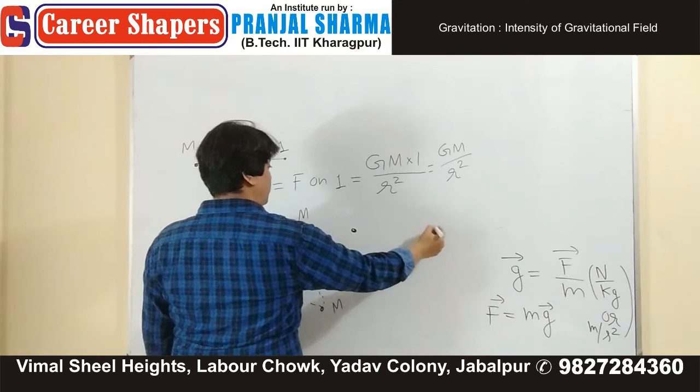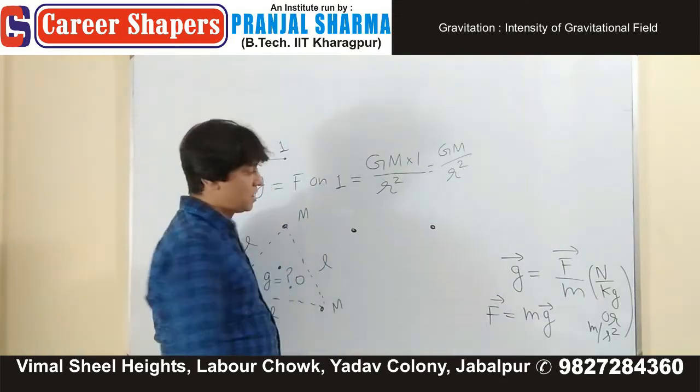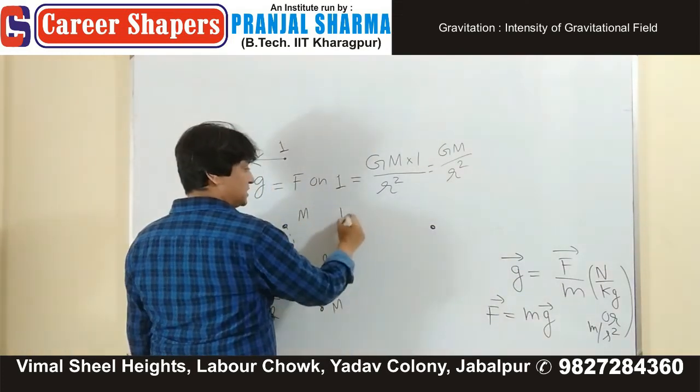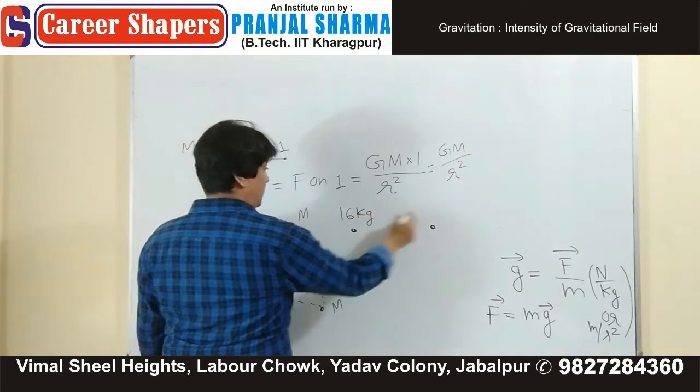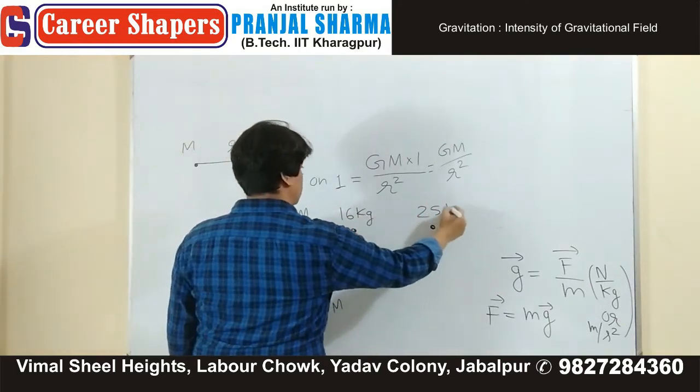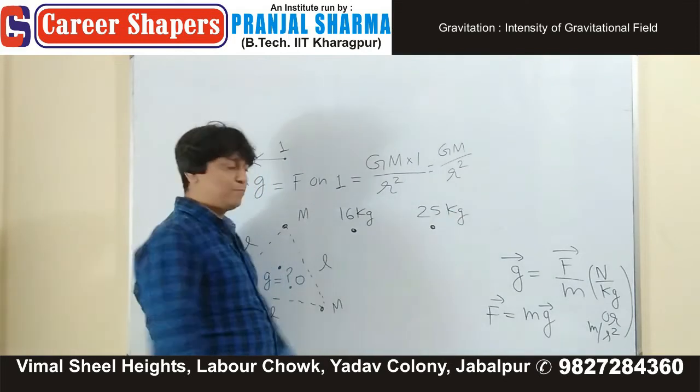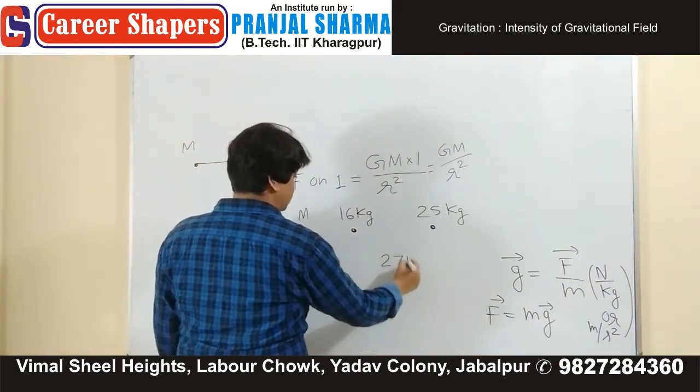Let's see how many of you will answer this thing fast. We have got 16 kg and 25 kg separated by a distance of 27 meters.